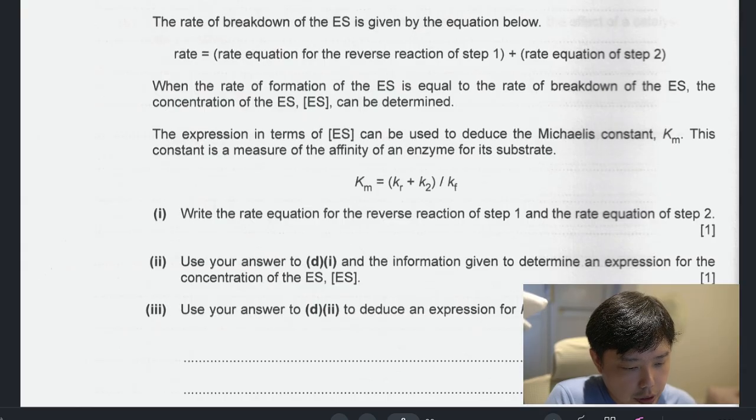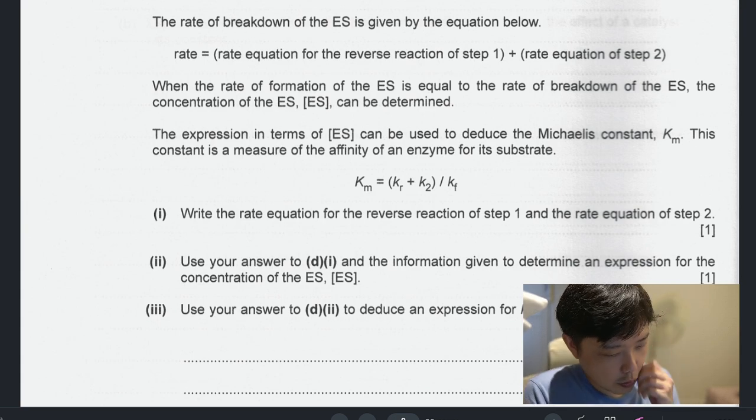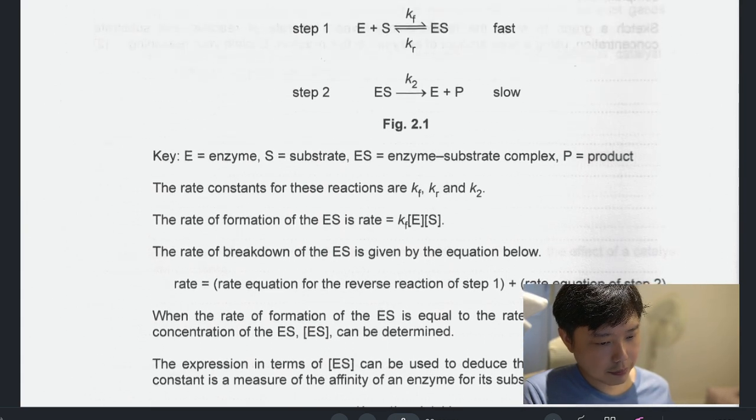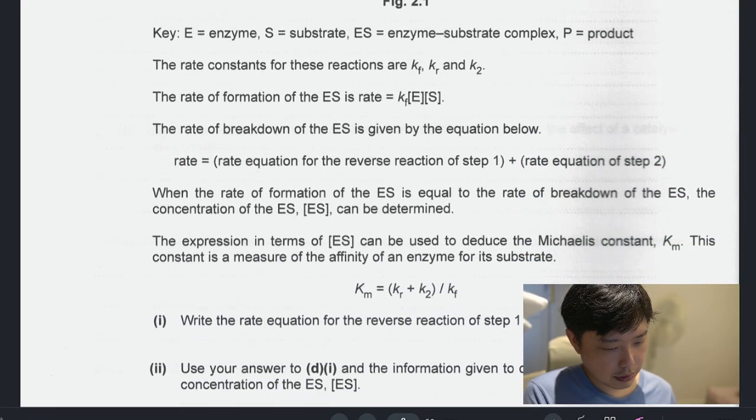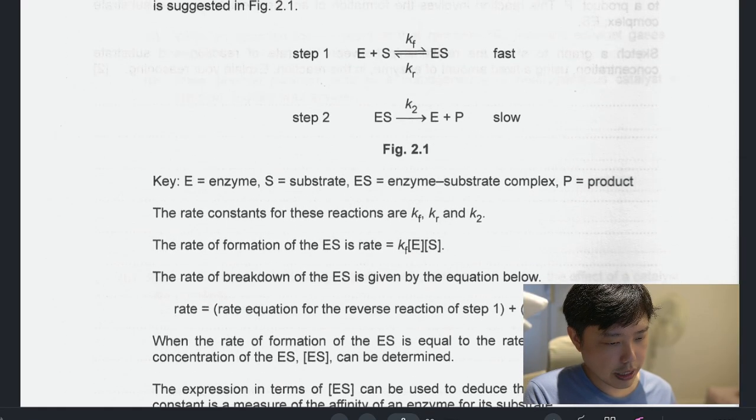Write the rate equation for the reverse reaction of step 1 and the rate equation for step 2. Okay, so step 1, we are asked to write the rate equation for the reverse reaction.